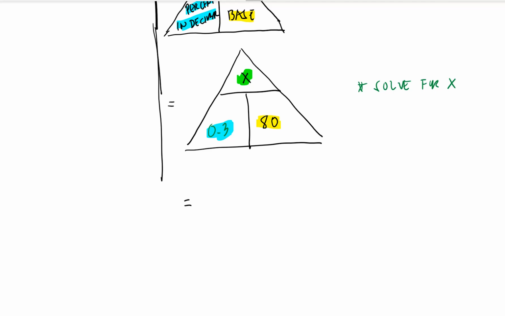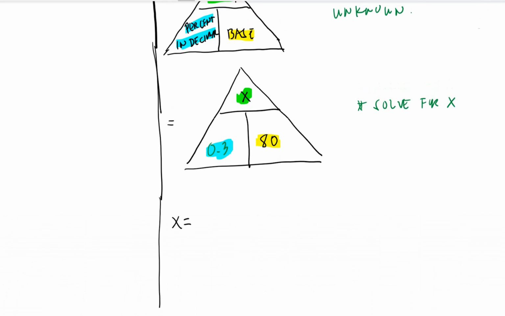If you cover the upper part, what is left is the two numbers 0.3 and 80. So covering X would give me, since both are at the bottom, the operation between them should be multiplication.